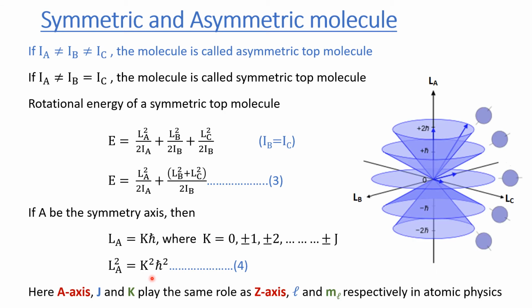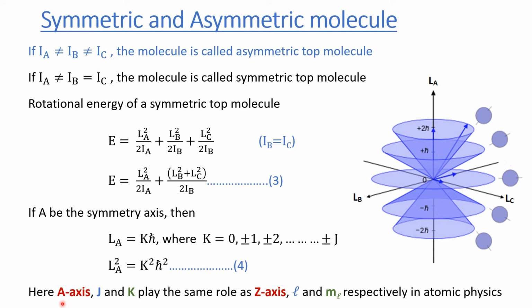So here this J, K play exactly the same role in molecular physics as is played by L and M_L in atomic physics. And of course, in atomic physics, we take the symmetry axis as the Z axis, and here we take the symmetry axis as the A axis.